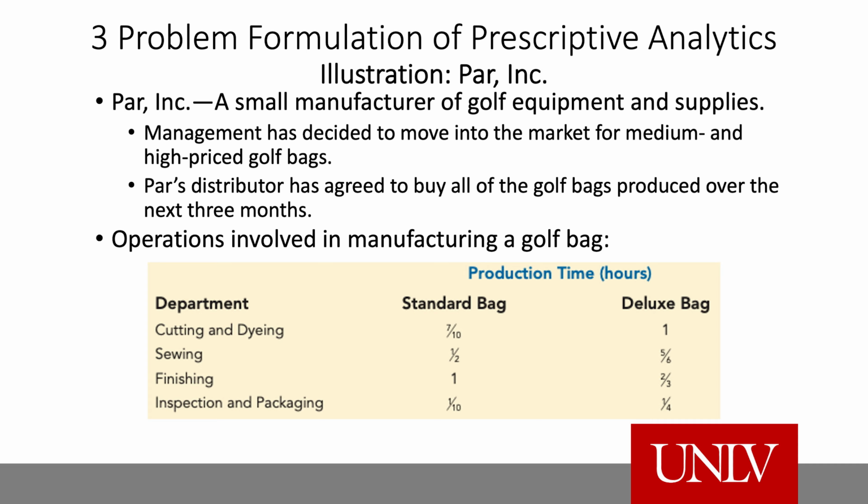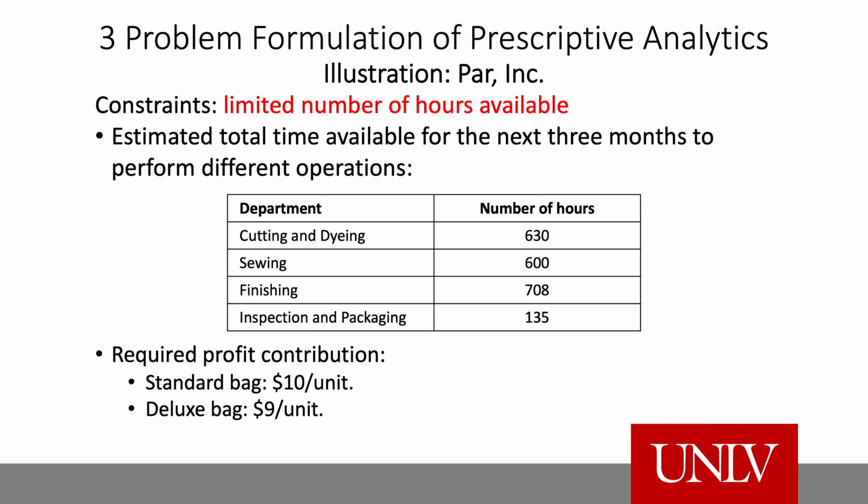So we use this example, Par Inc., and we know that the company plans to produce two models of golf bags, a medium-priced standard one and a high-priced deluxe one. Each model requires time in 4 departments: cutting and dyeing, sewing, finishing, and inspection and packaging. And the constraints are very clear: Par has limited labor hours available across departments over the next 3 months.